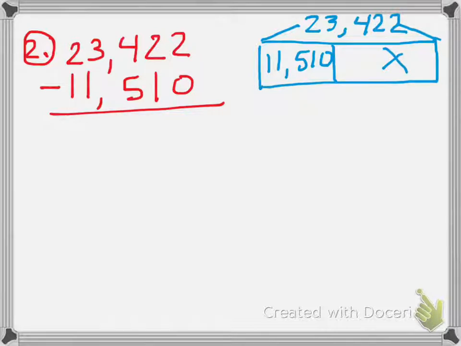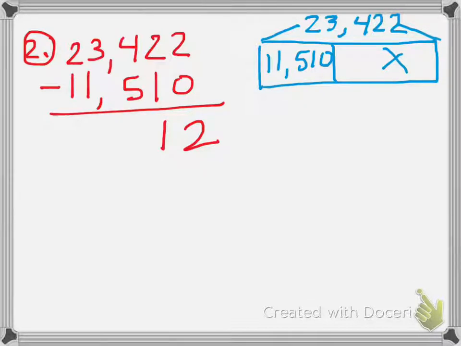All right, let's go ahead and start our standard subtraction algorithm. 2 take away 0. Yes, I can do that because the 2 is bigger, so that is 2. 2 take away 1 is 1. 4 take away 5. Uh-oh. The 4 is smaller than the 5.